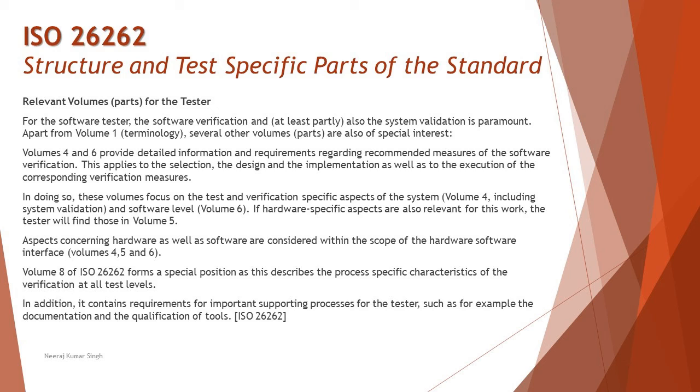Being a tester, you need to refer to specific volumes, not all 10, because not all 10 are related to the area of interest for the tester. So definitely volume 1 for terminology, and 4, 5, 6 and 8. These are the key volumes of interest for the tester. Anyway, in the description you will find a link covering all the volumes, so you can refer to them for information, and that will definitely help you.